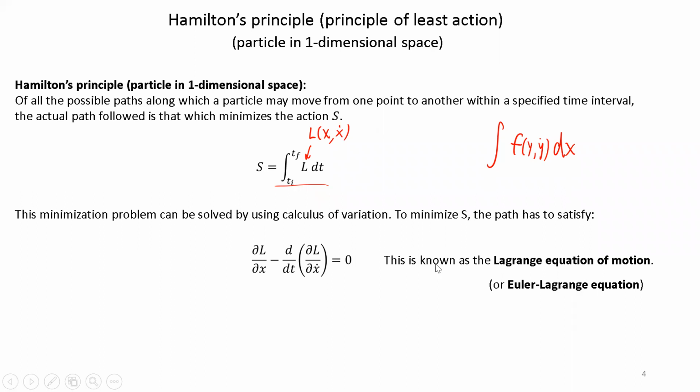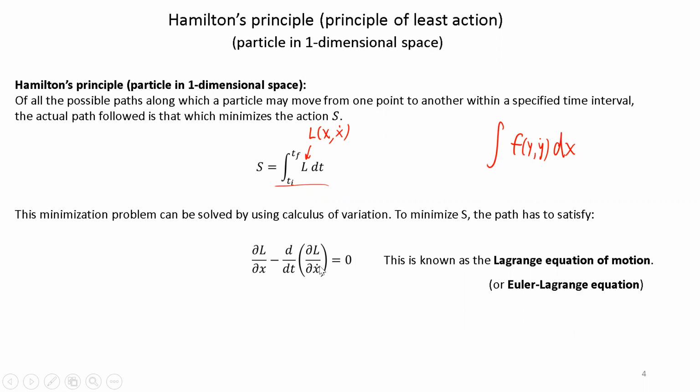In this equation, clearly it would be a differential equation. You could imagine that at the end you will have some x, and then some x dot, and then maybe some derivative of x dot.